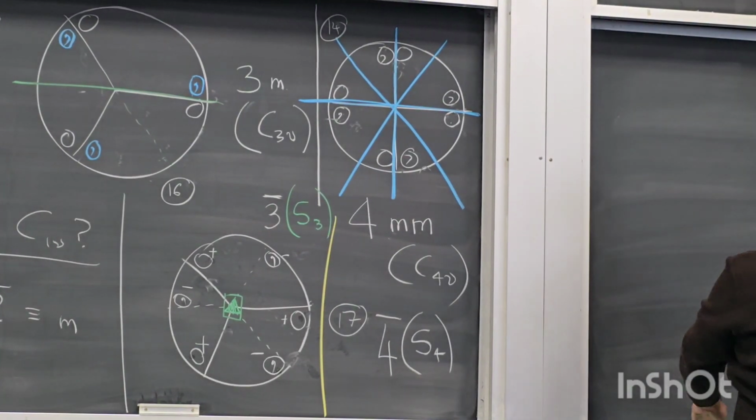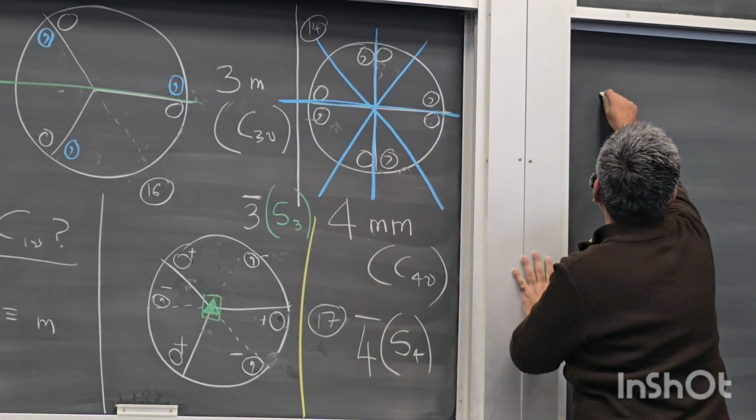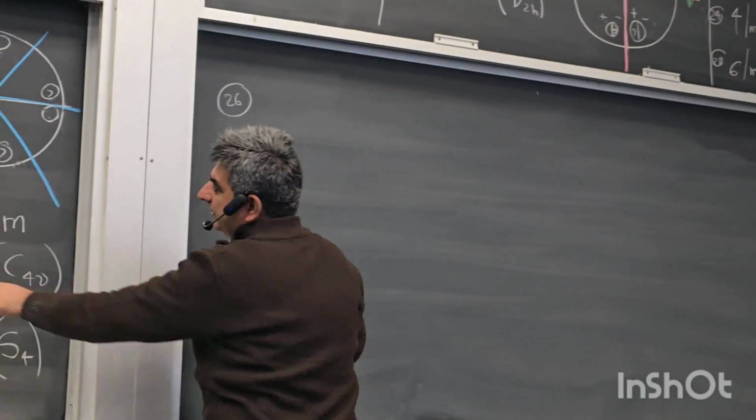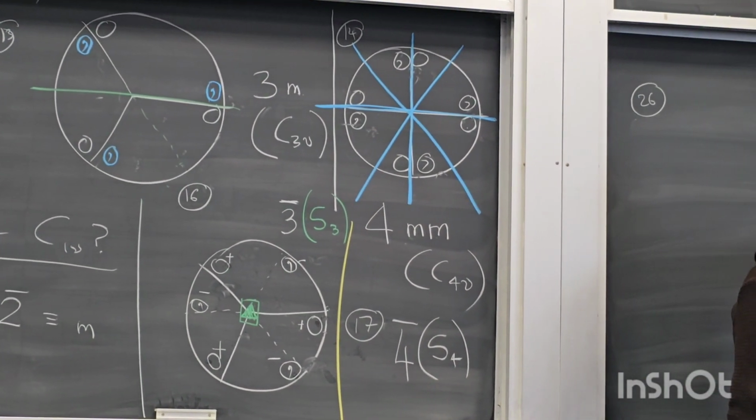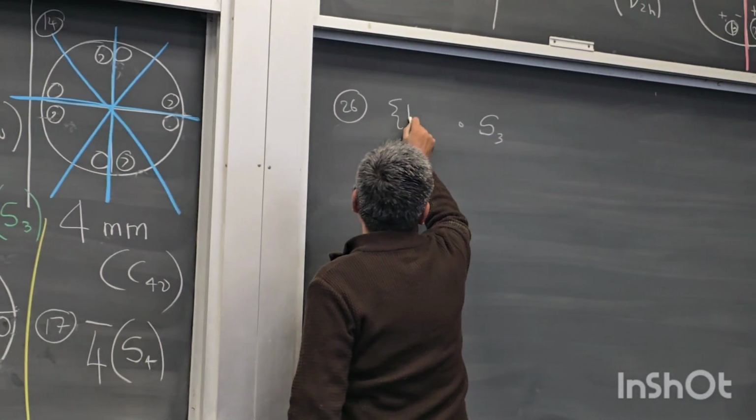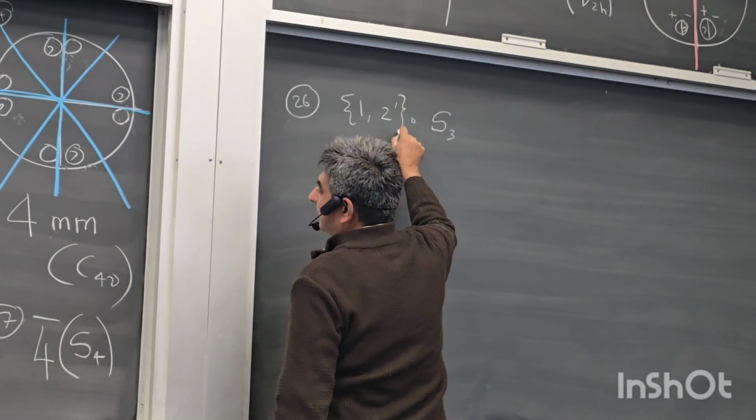So now number 26. Let's look at S3 and concatenate this with a dihedral axis.